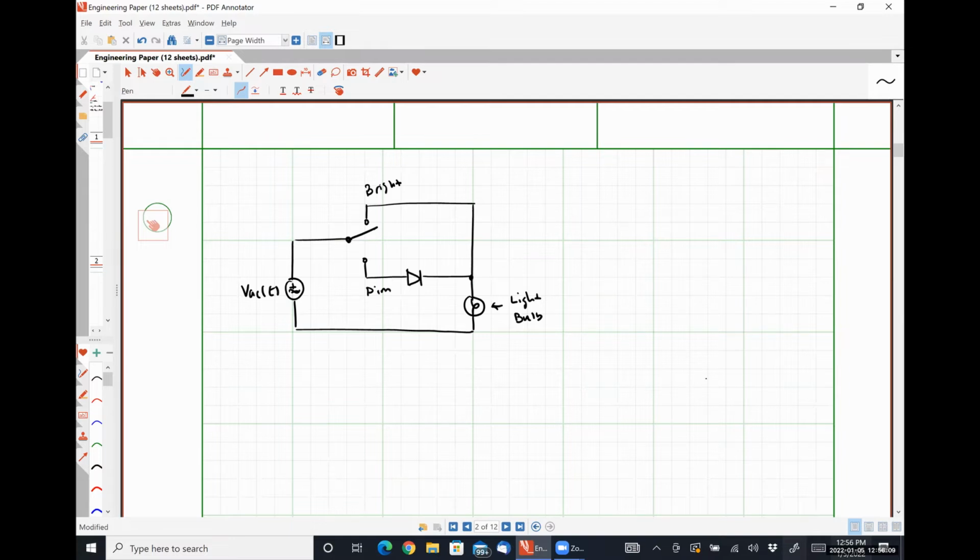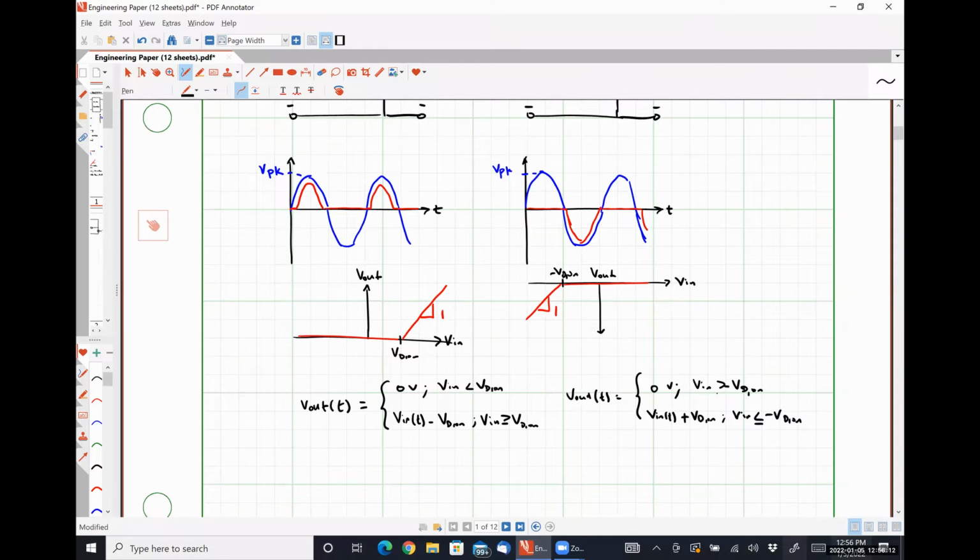So for our simple half wave rectifiers that we have here, our peak inverse voltage is simply going to be the maximum value of the quantity V out minus V in.